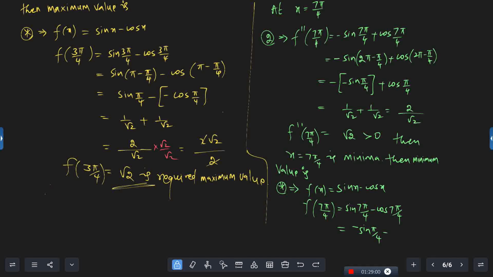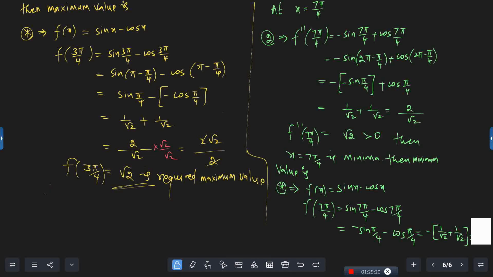Like that, minus cos 7 pi by 4, what can you say? Just cos pi by 4, not plus minus, just cos. If we take minus outside, sin pi by 4 is 1 by root 2, cos pi by 4 is 1 by root 2.